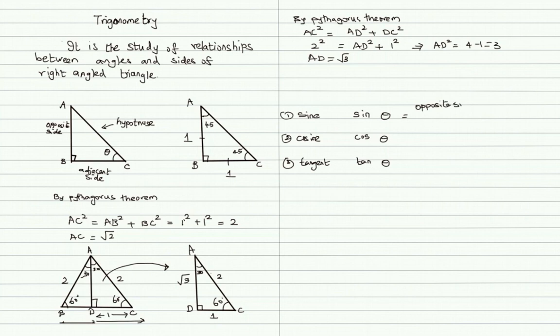The formula for sin theta is opposite side by hypotenuse. And the formula for cos theta is adjacent side by hypotenuse. We have already seen which is the opposite side and which is the adjacent side for the considered angle theta. For tan theta, the formula is opposite side by adjacent side.